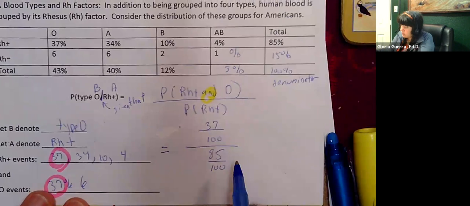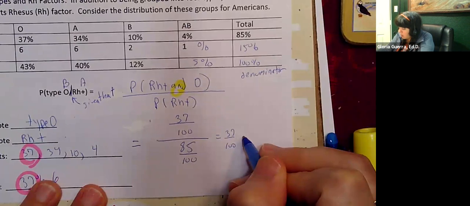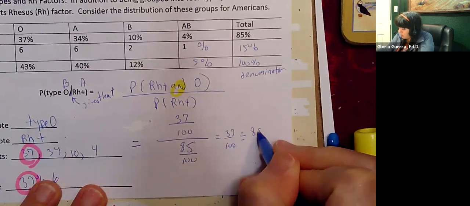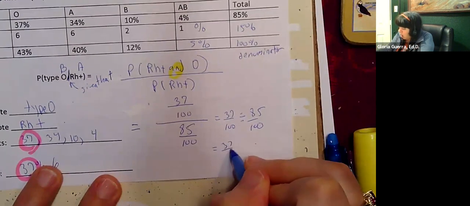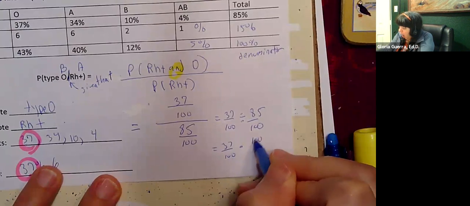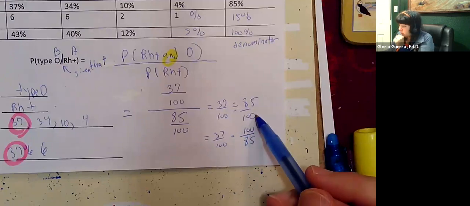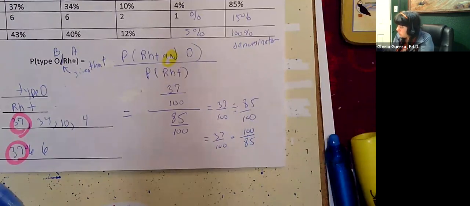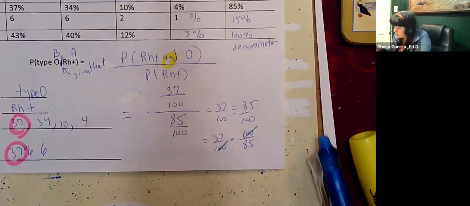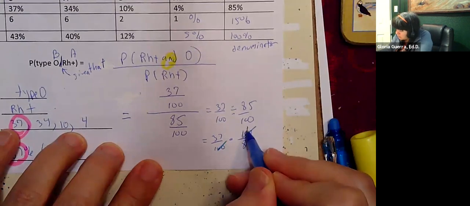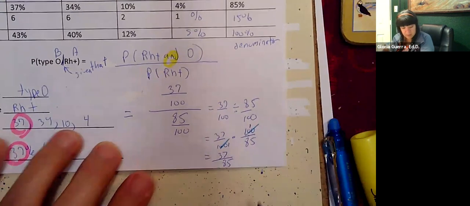And this can be rewritten as 37 over 100 divided by 85 over 100. Change division to times and flip this. And then these will cancel out. And that's how you know you're on the right track, because that's supposed to happen with these. So you end up with 37 over 85.